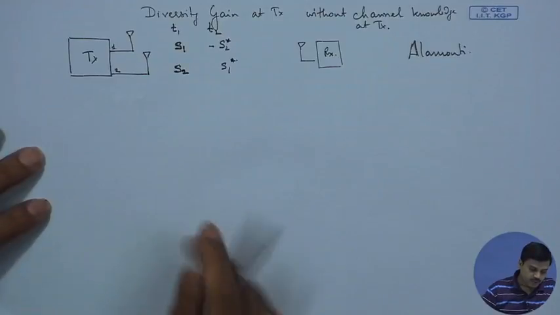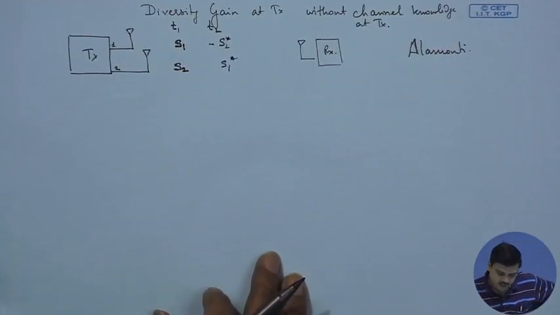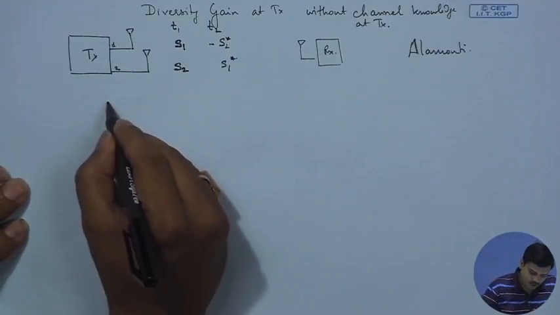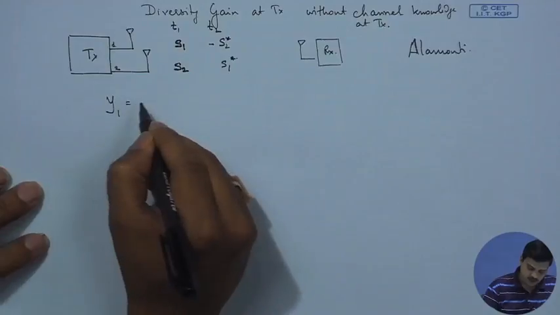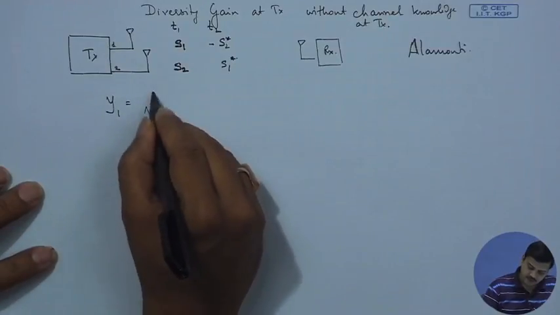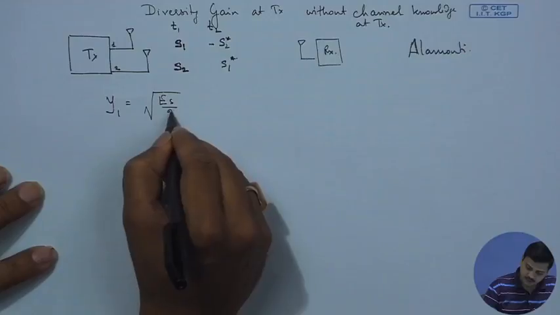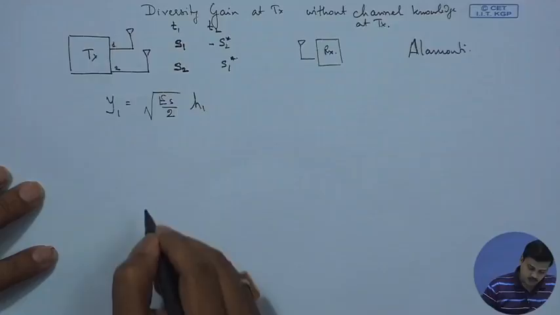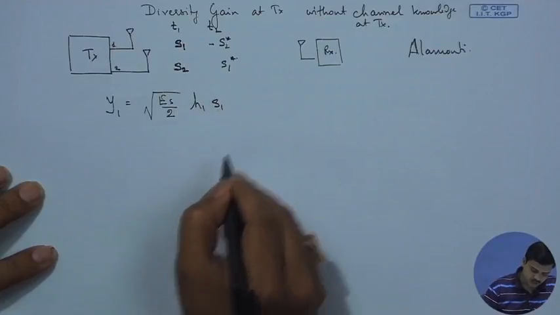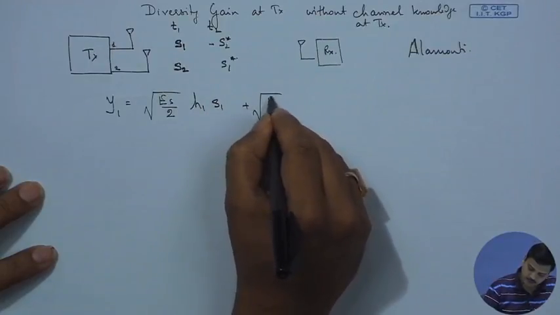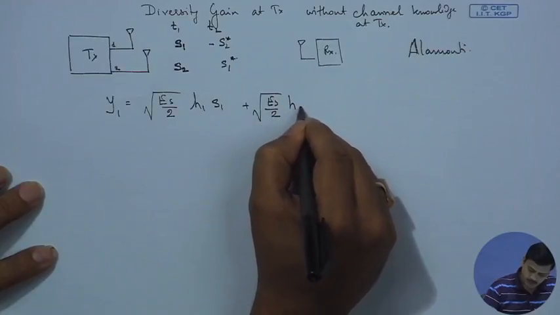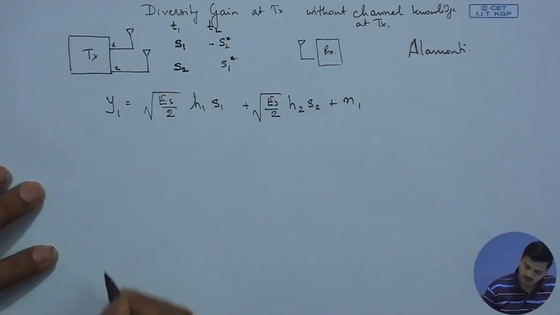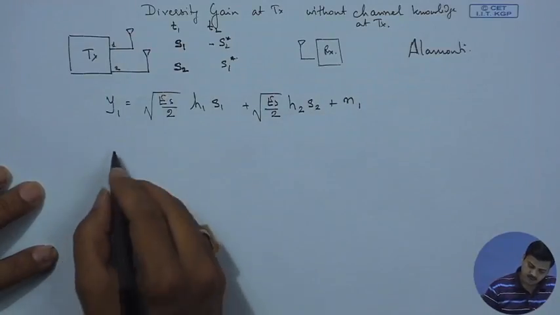So when we receive the signal at the receiver, what we are going to see is that y1, received in the first instant, is root over Es by 2, because we have 2 antennas and we are dividing the power equally amongst them, times H1 times S1, plus root over Es by 2 times H2 times S2, plus N1. This is the noise in time instant 1.